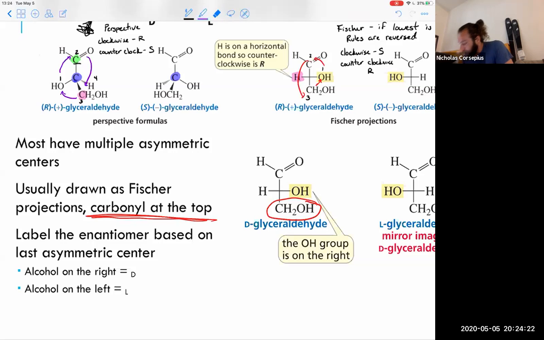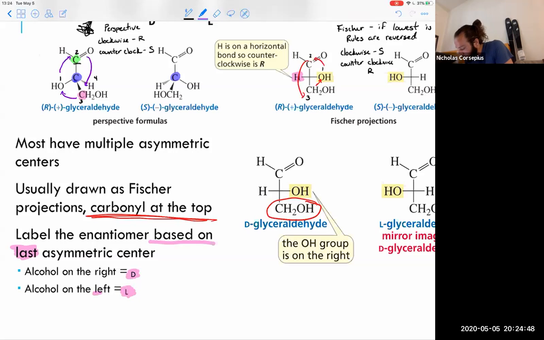Now we are going to distinguish between our sugars based on, let's look at this carefully, the last asymmetric center. We label these enantiomers based on that bottommost carbon: if the alcohol group is on the right, we call that a D sugar. If the alcohol is on the left, it's an L sugar.